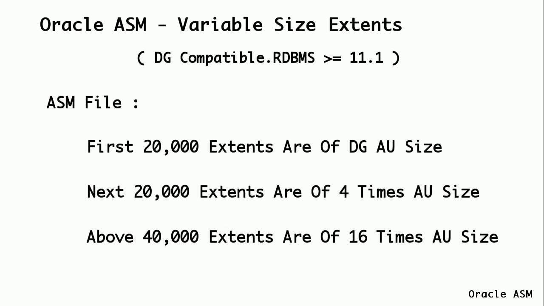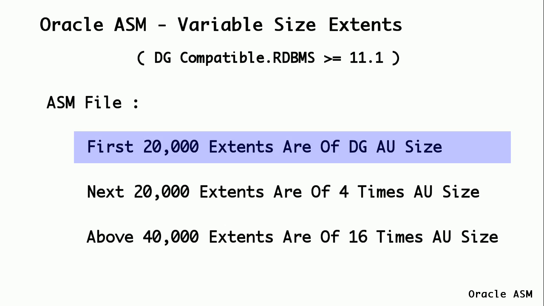To handle large files efficiently, Oracle ASM uses the Variable Size Extents feature. This feature is only available for disk groups with RDBMS compatibility set to 11.1 or higher. When a new ASM file is created, extents are allocated using the following logic. First 20,000 extents are of 1 allocation unit size.